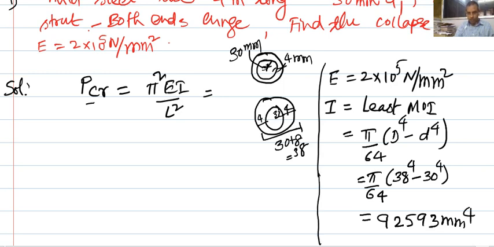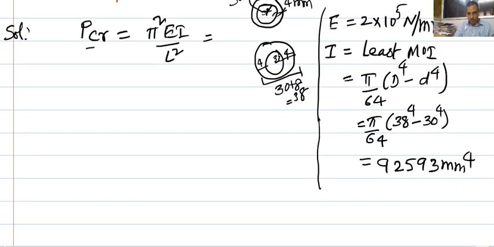We need length, right? So, length is given as 4 meter. We need all parameters in millimeters, so 4000 millimeter. Try to convert everything. Now, substitute here.